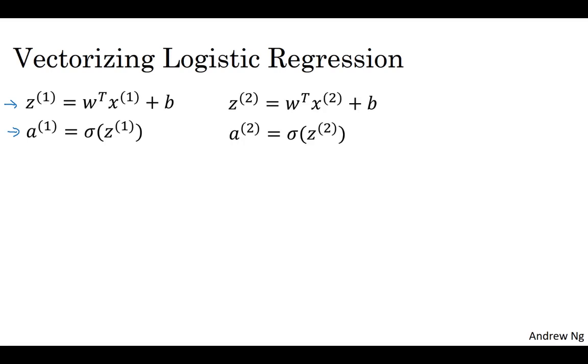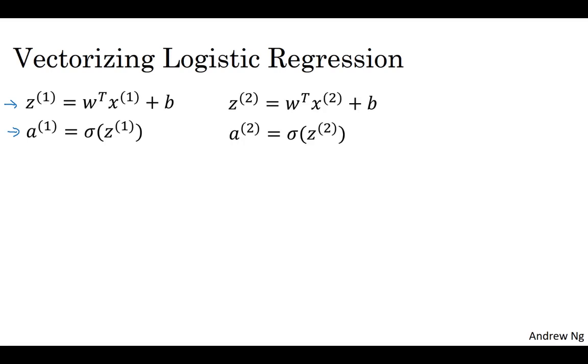Let's first examine the forward propagation step of logistic regression. So if you have m training examples, then to make a prediction on the first example, you need to compute that, right? Compute z using this familiar formula, then compute the activation, let's compute y hat on the first example. Then to make a prediction on the second training example, you need to compute that.